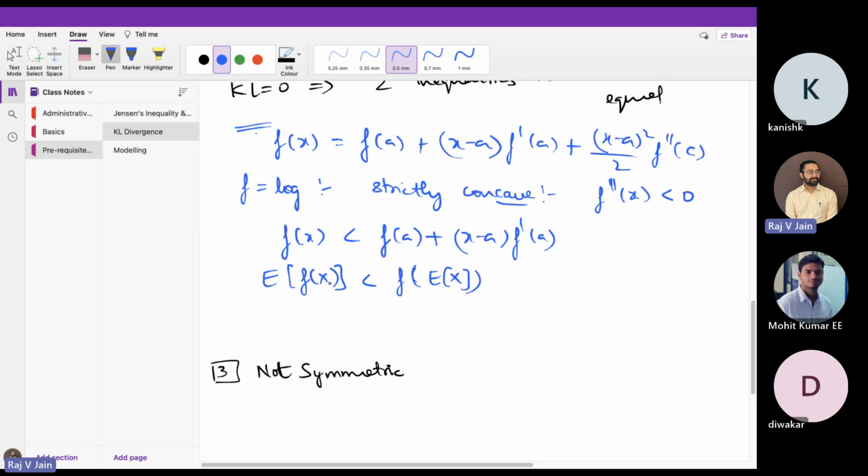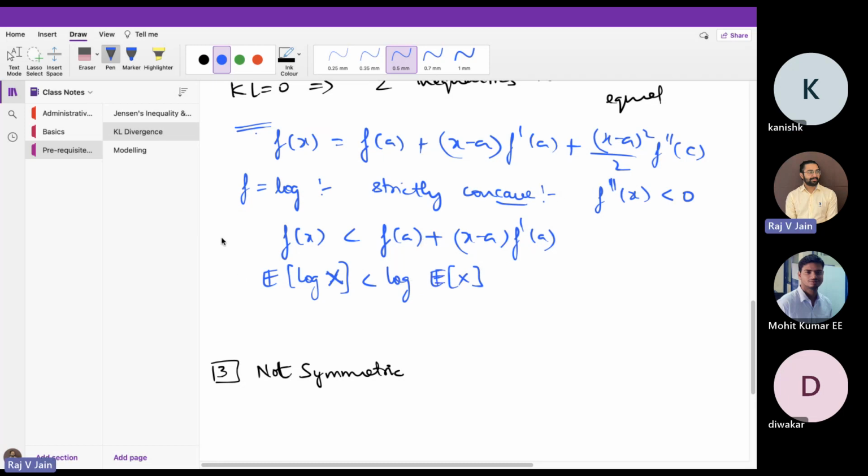Now, if I have to make this equal for this log function, what could be the only thing that is possible that could make this equal? Any thoughts? As we saw, this happens when x is equal to 1.